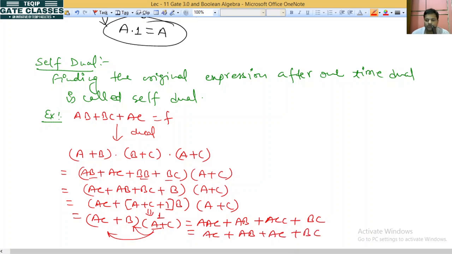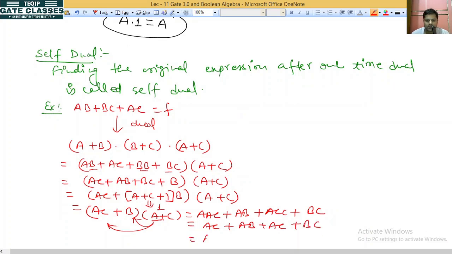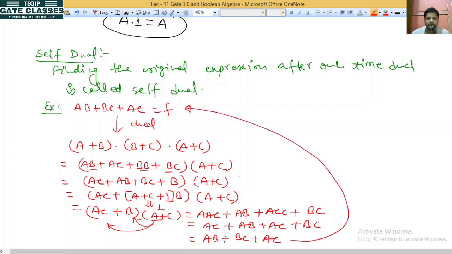What will be the final value? AB plus AC is AC only, so it is AB plus BC plus AC, which is equal to this original function. So I have taken only one time dual and the result is equal to the original function. So this is called self dual. This function is called self dual, okay?